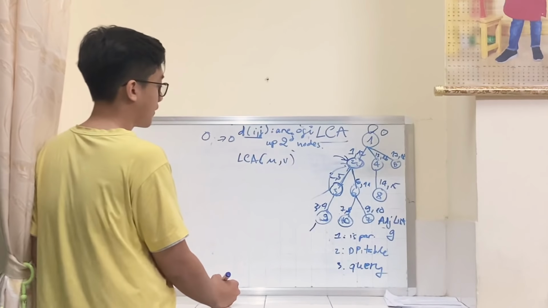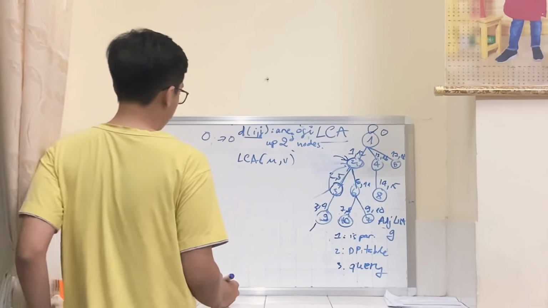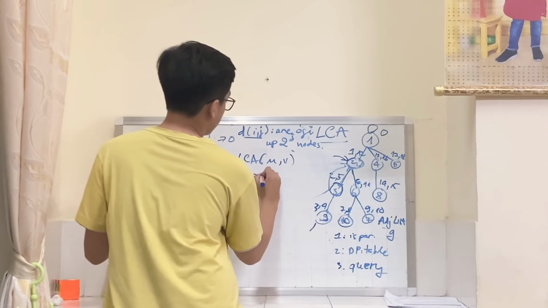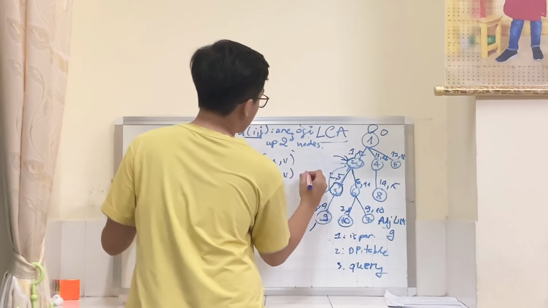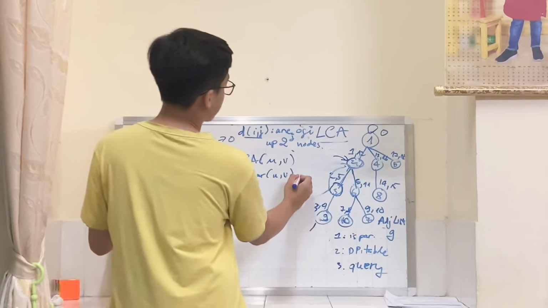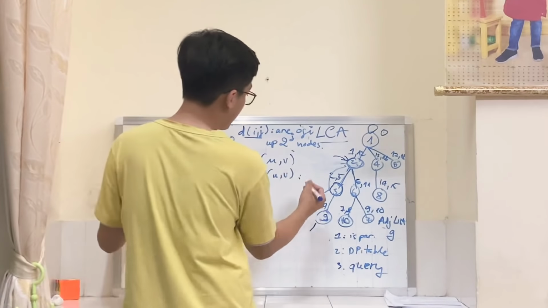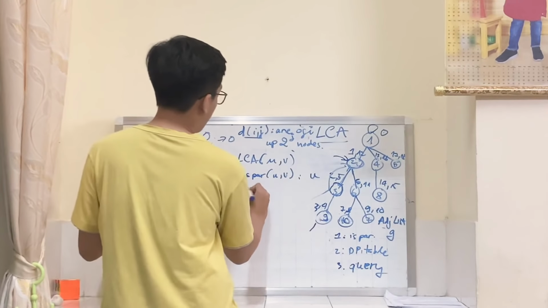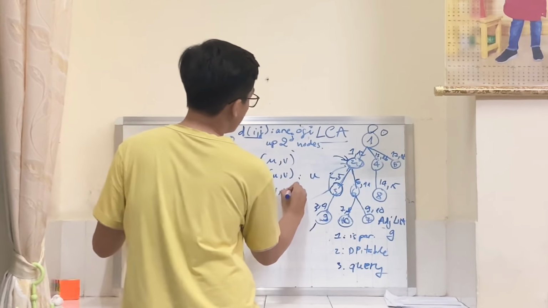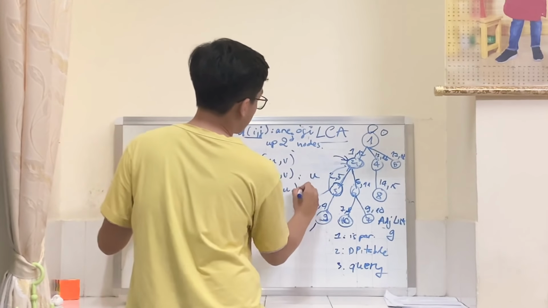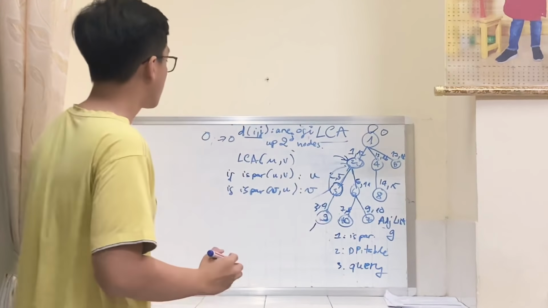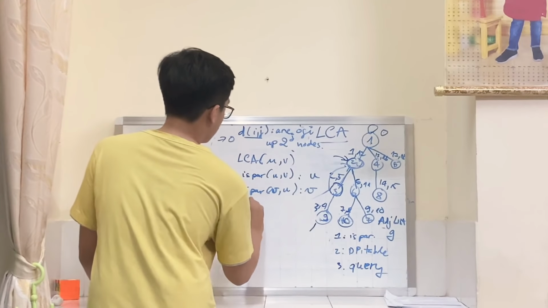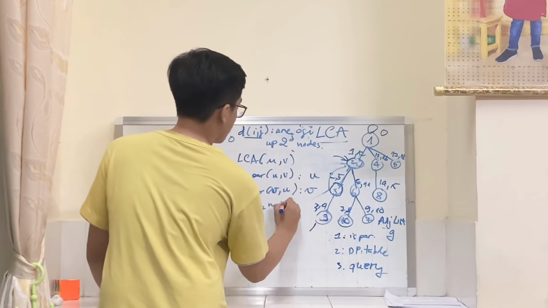So if U is a parent of node V, we will return U. If V is a parent of U, I will return V. Okay, and I run the for loop from log n to 0.